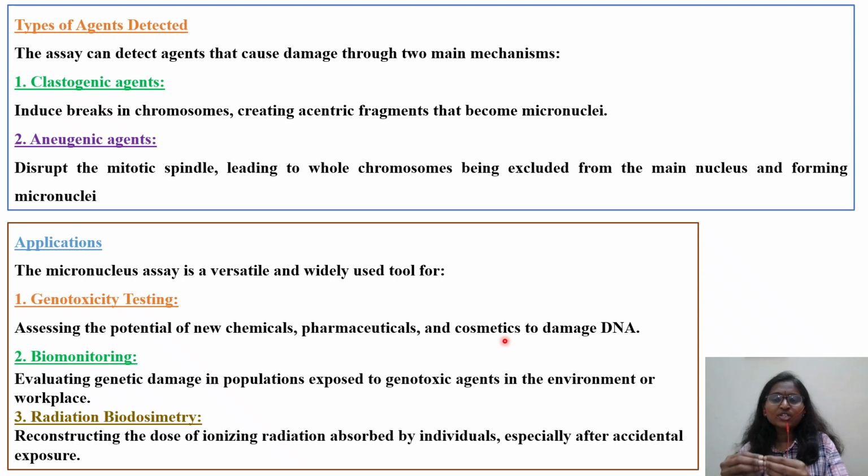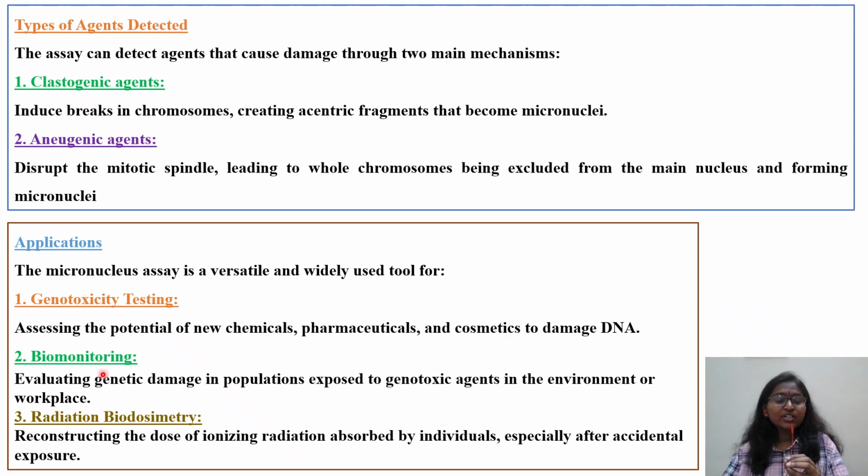So if you want to use a new ingredient which could be part of a cosmetic formulation, then you have to do some preliminary genotoxic tests. In that also, this micronucleus assay plays a key role. If we know that a certain chemical is causing DNA damage, that chemical will fail at the early stages of the developmental cycle of that particular chemical or drug.